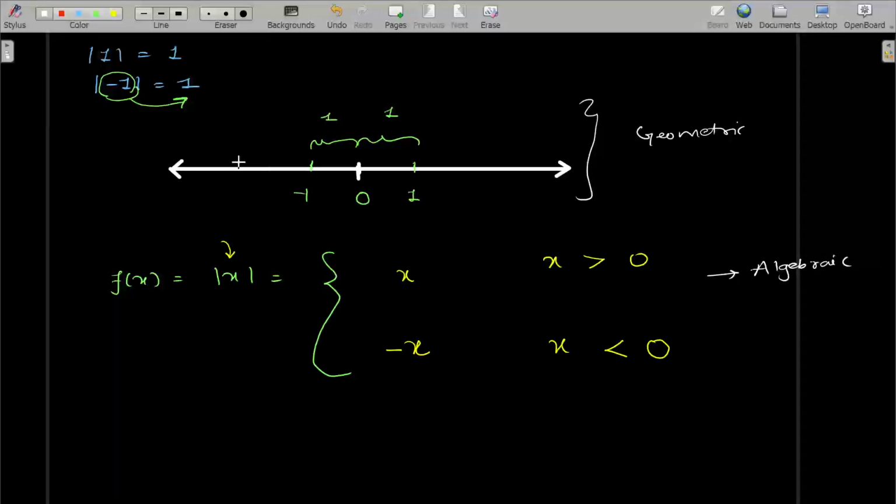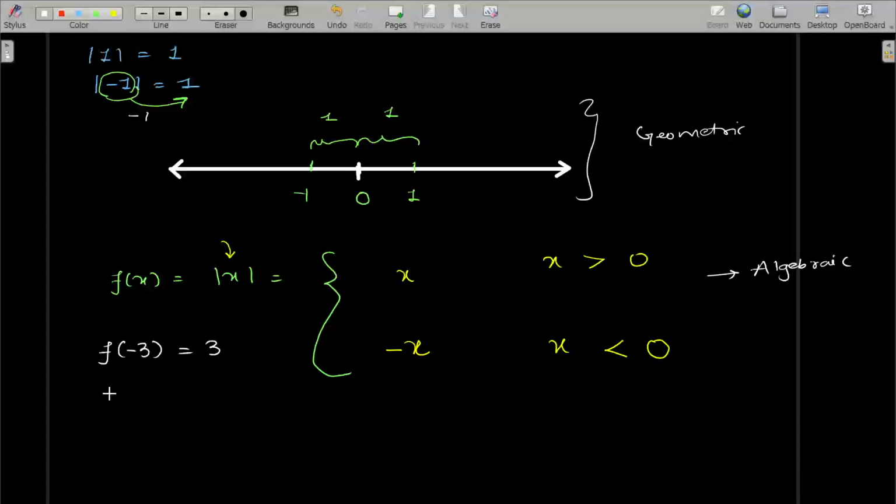So algebraically what is happening, how do you make -1 into +1? If you multiply it by -1, then only it will become +1. So whenever we input a negative number, this function multiplies that number by -1. So if we input f of -3, then we get +3.